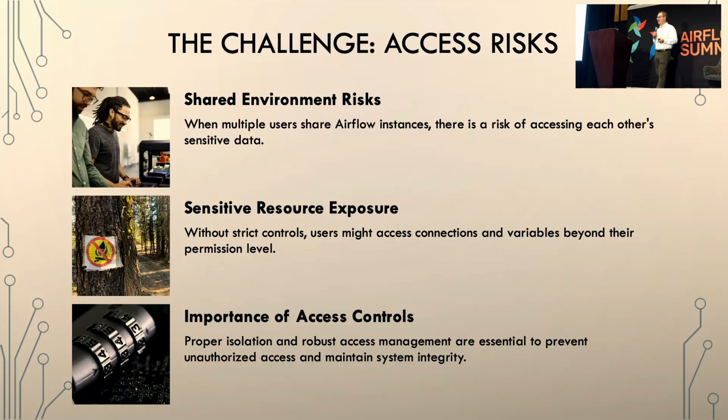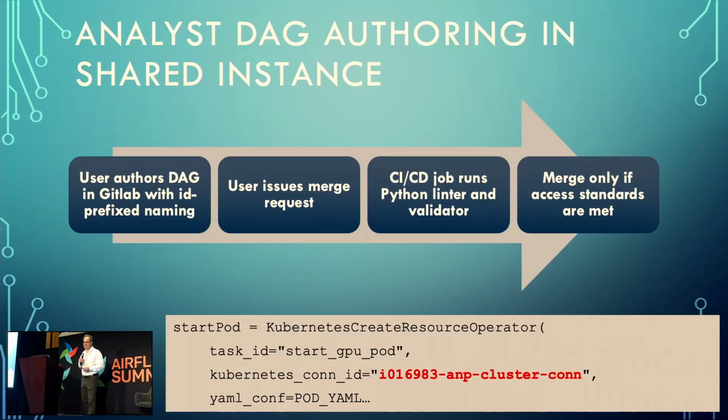There is fine-grained control over access, obviously, in the UI, but we haven't had a lot of success with that so far. So what we've done is we're having users do the authoring of their DAGs in the GitLab environment, and we git sync to our Kubernetes deployment.